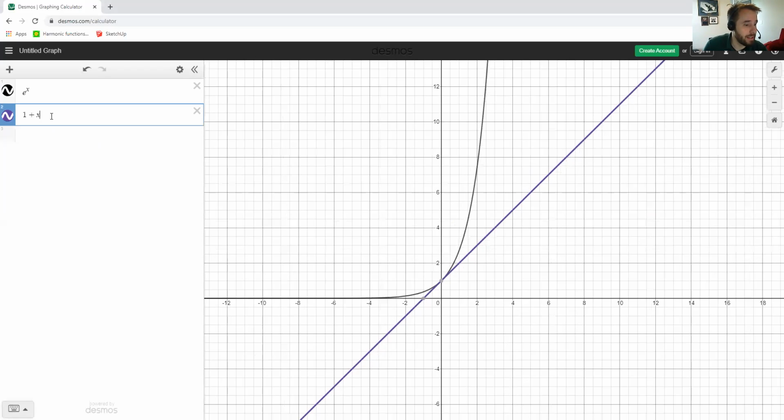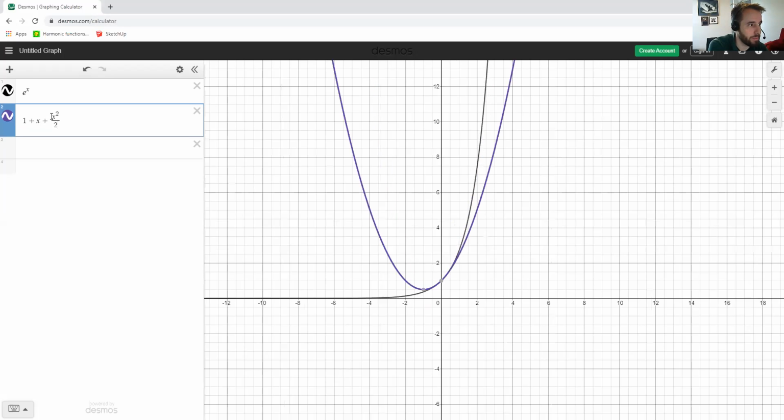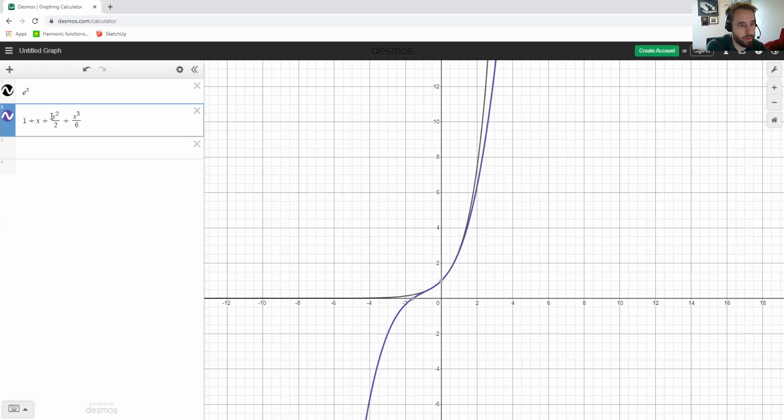And notice that as I add on more and more values, so here's x squared over 2. Here's x cubed over 3 factorial, so that's going to be over 6. Here's x to the 4th over 4 factorial, so that's 24. Here's x to the 5th over 5 factorial.